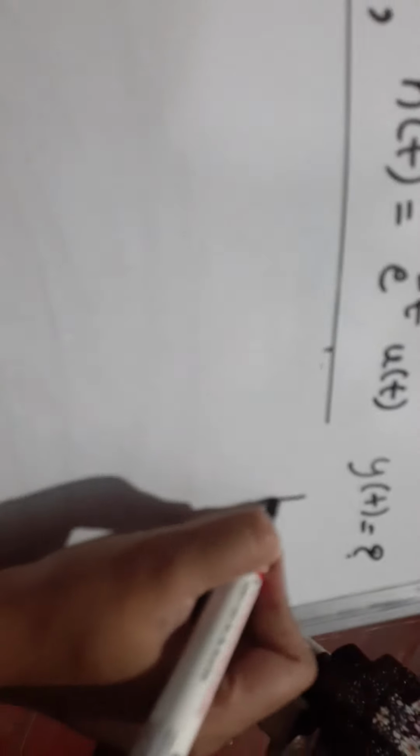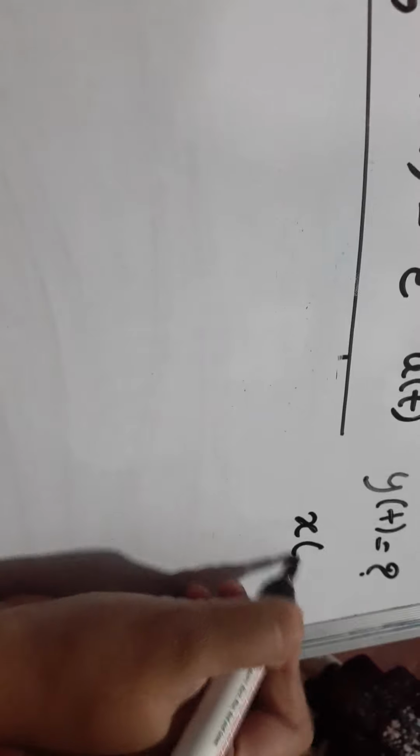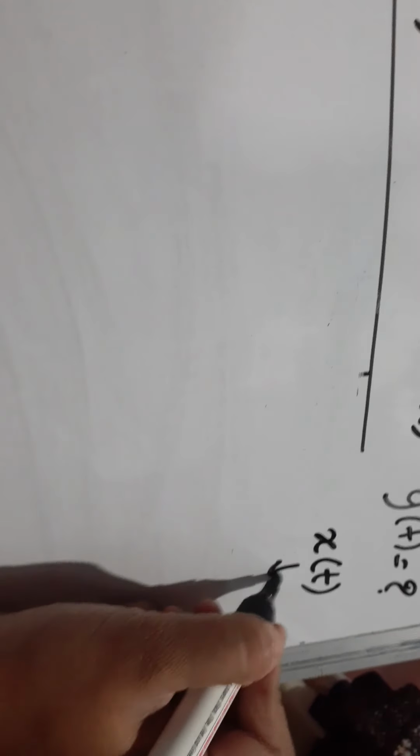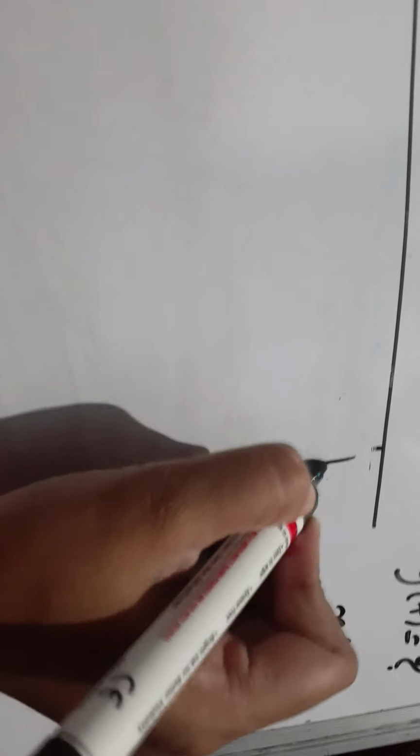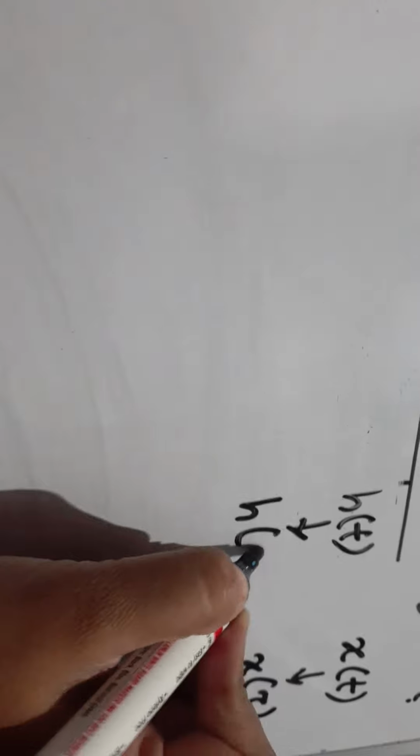We need to follow a certain procedure in order to find the convolution. Let us recall these steps. You will be having x of t given. Replace t by tau. You will be given h of t. Replace t by tau.